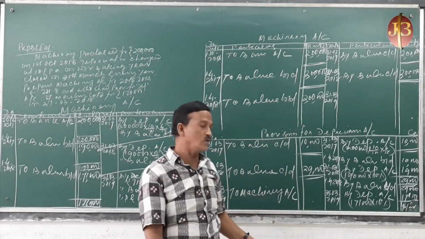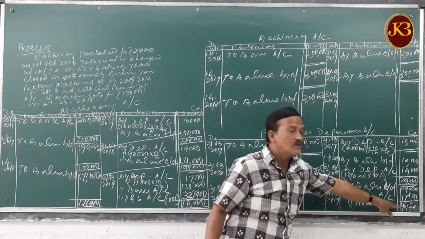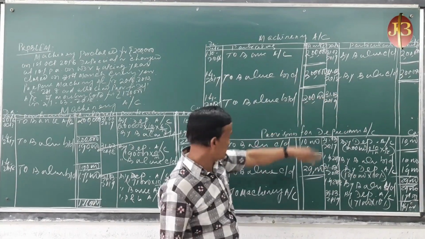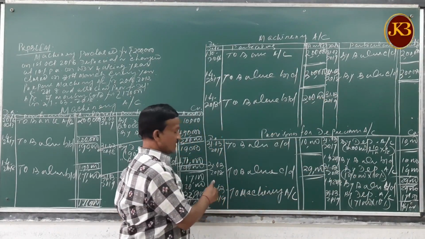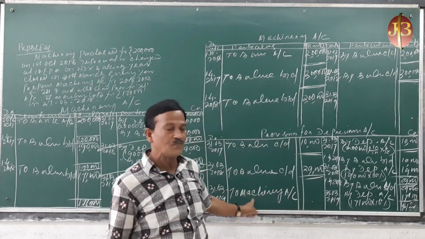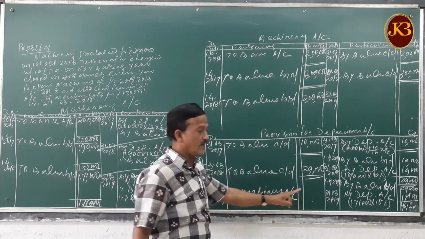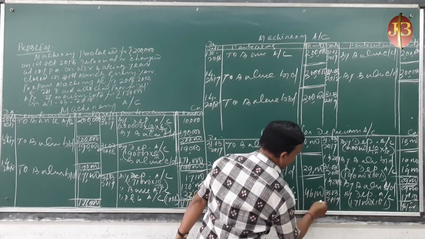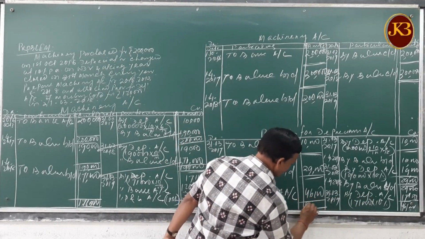When machinery is sold, total provision for depreciation is transferred to the machinery account on the date of sale. So on 31st March 2019, machinery is sold. So it is transferred to machinery account. Total is 46,100.